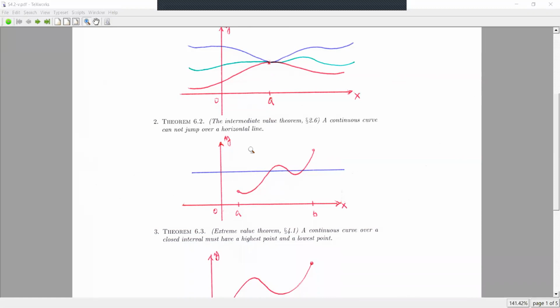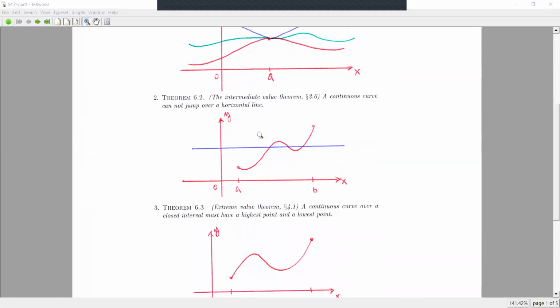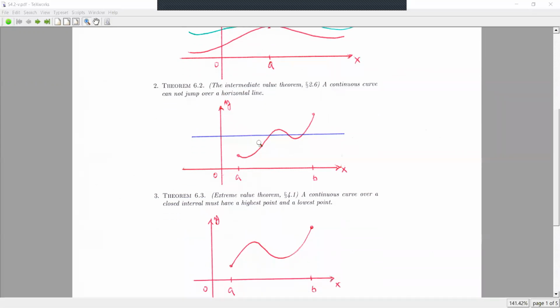The second theorem that we learn is the intermediate value theorem in section 2.6. Basically, this theorem says that a continuous curve cannot jump over a horizontal line. Here, we have a continuous curve.